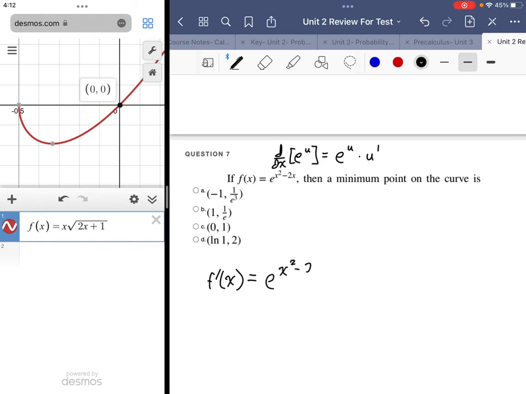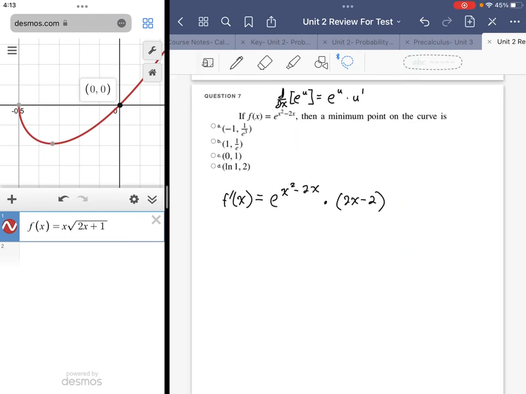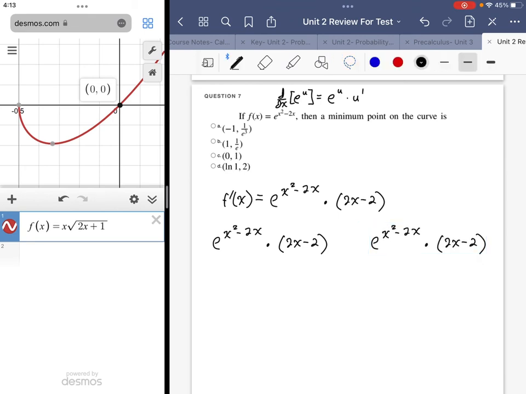So e to the x squared minus 2x times 2x minus 2. Set that equal to 0, set that equal to 1 over 0 for our critical values. And by now we know that I'm treating even the multiple choice questions as if they're free response questions, because you never know on the actual test.